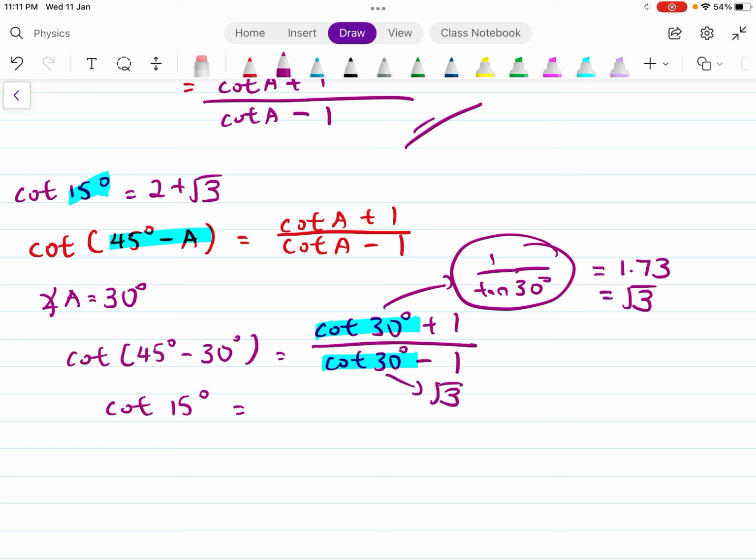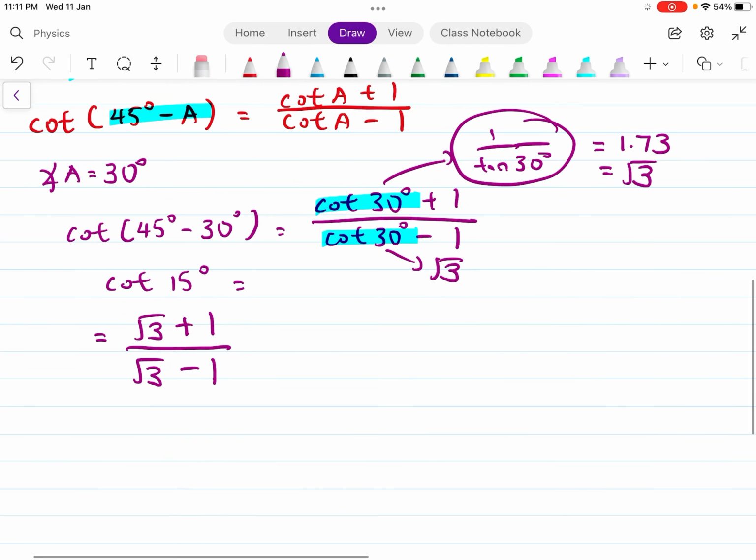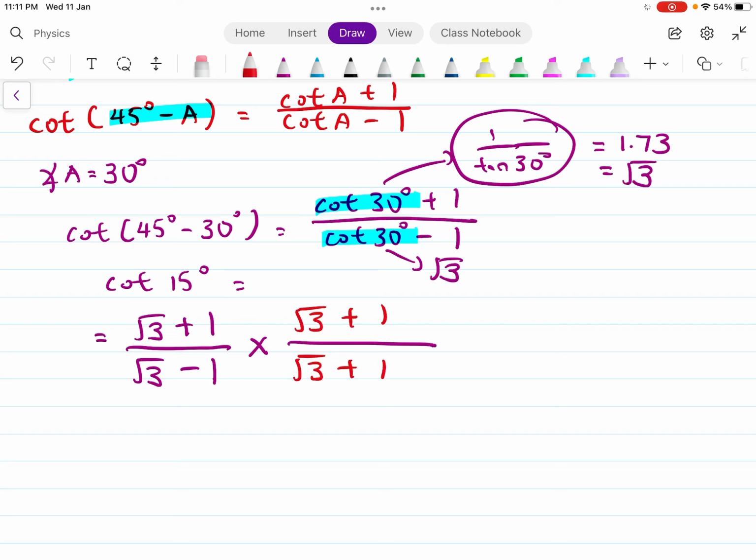So cotangent 15 is equal to (square root 3 plus 1) over (square root 3 minus 1). The next thing is to go back to our surds. Surds teach us rationalization, which means you multiply by the conjugate. So you put square root 3 plus 1 on the top and the bottom.